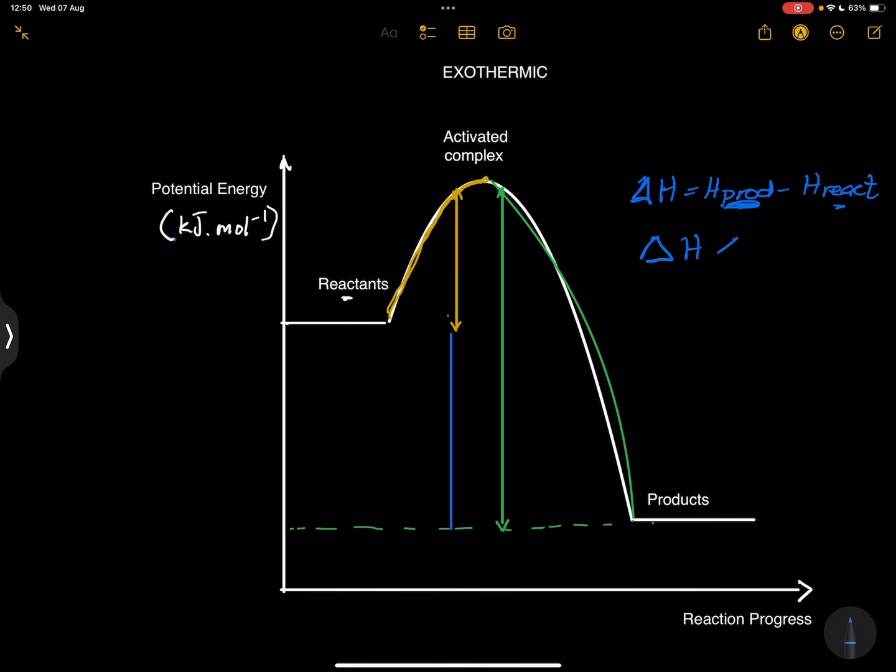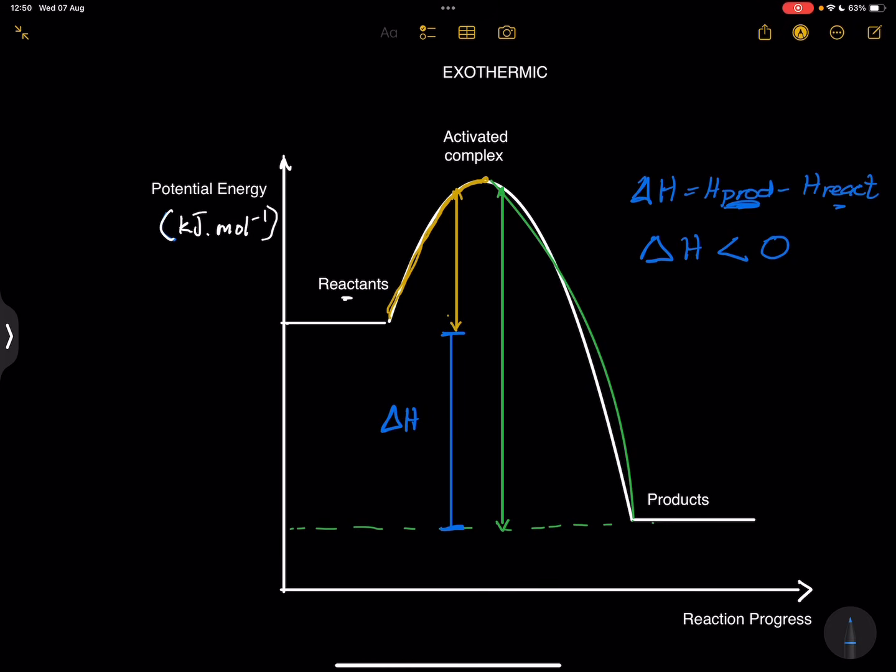Okay, remember when you subtract something bigger from something smaller, we end up with a number that is negative. Okay, so delta H on our graph, this is where we would actually see our value for delta H. Right, I hope this is clear, ladies and gents.